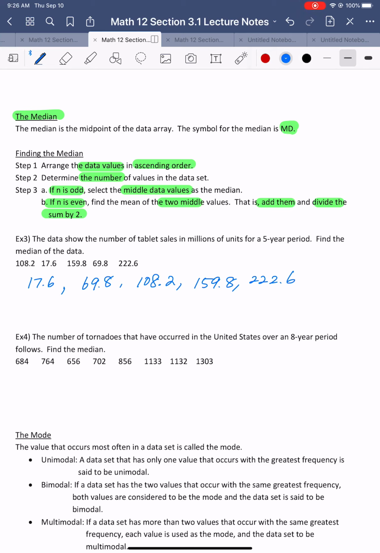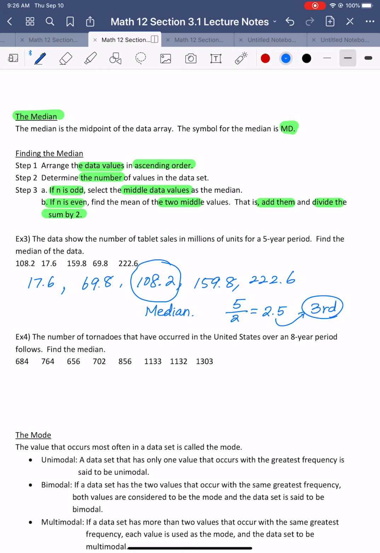So there are 1, 2, 3, 4, 5. So what's the middle number? The number is 108.2. So that's the median. And also an easy way to find it: since there are 5 numbers, divide by 2, you get a decimal, and then you use the next whole number, which is the third place, which gives us the median.